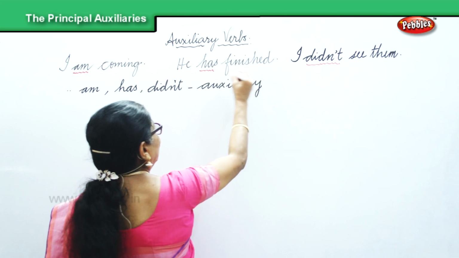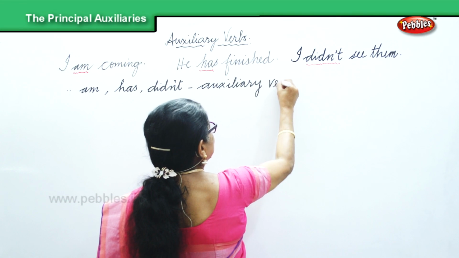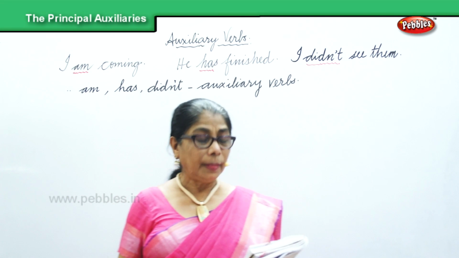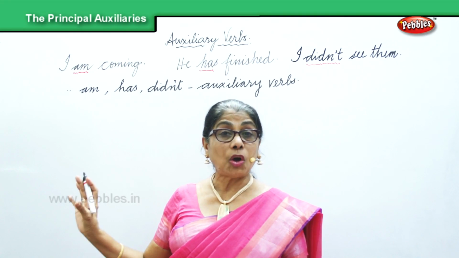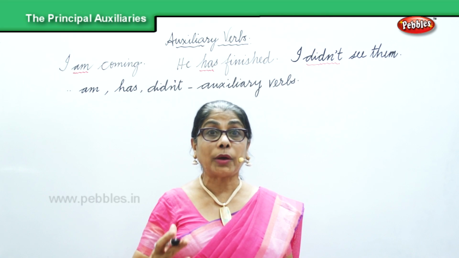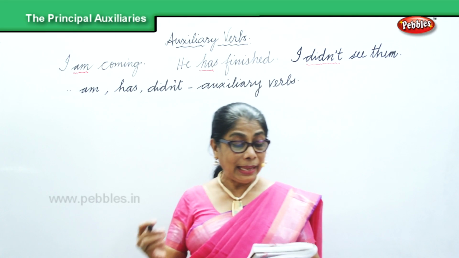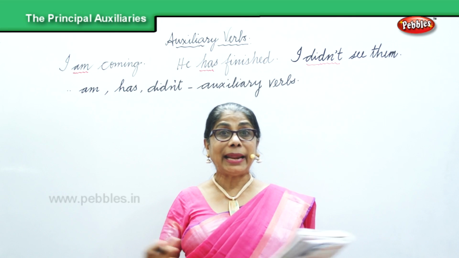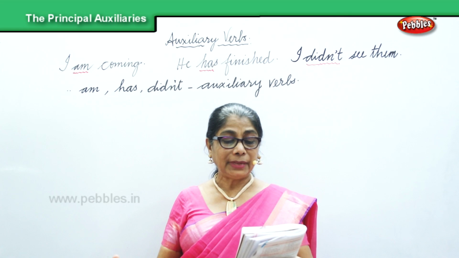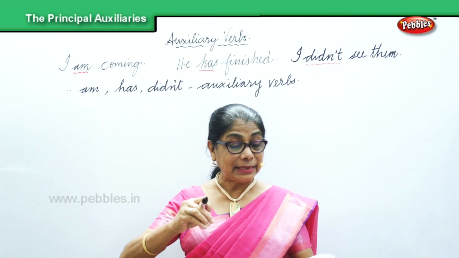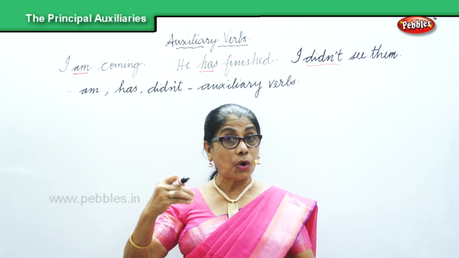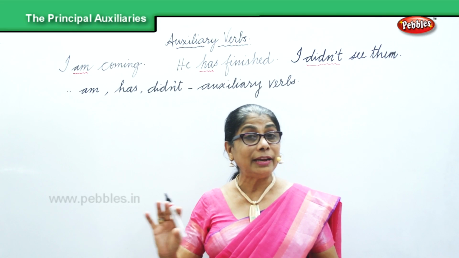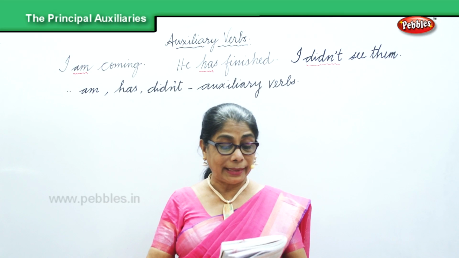Now, these auxiliary verbs, what we are trying to understand, they help to form a tense or an expression. They combine with the present tense or past tense or infinitives to form tense of ordinary verbs. So we are going to look at that.